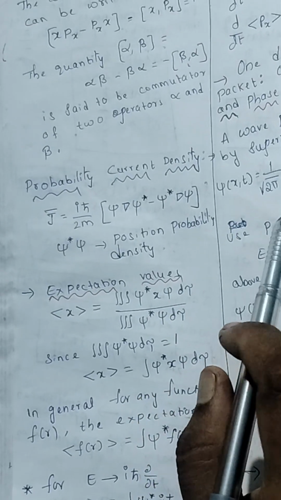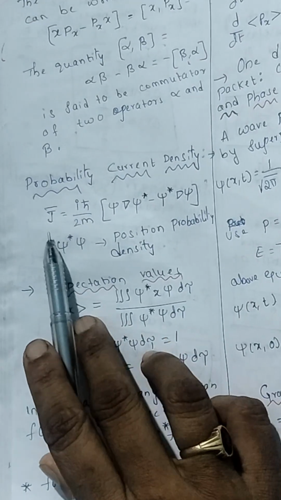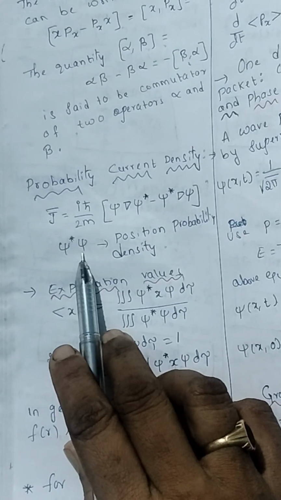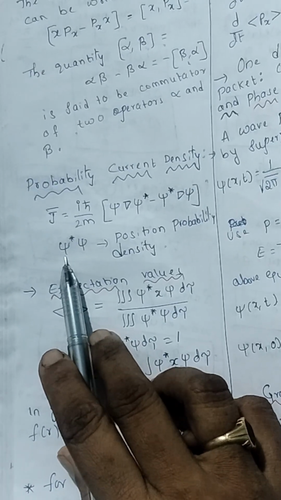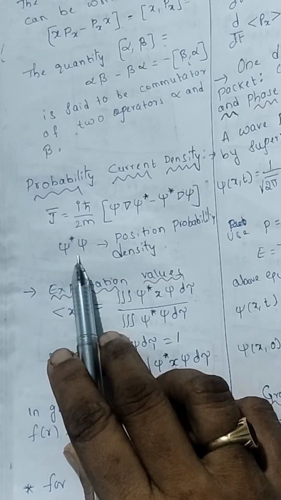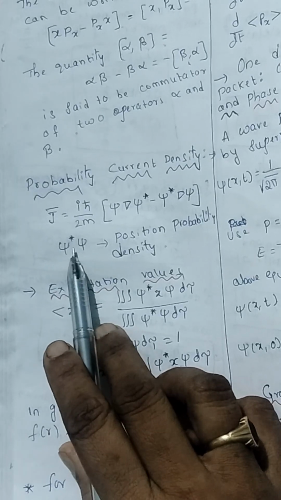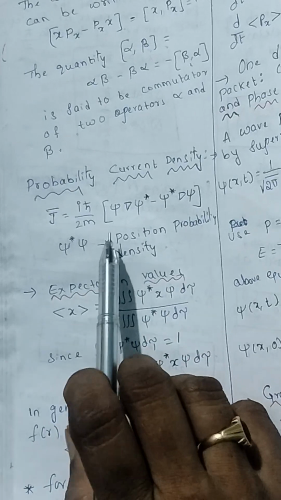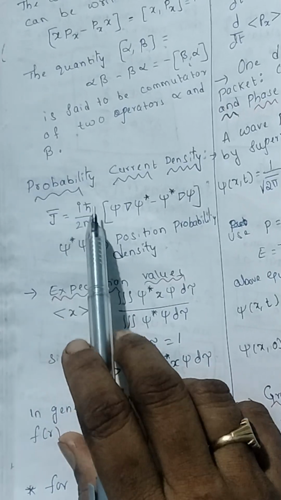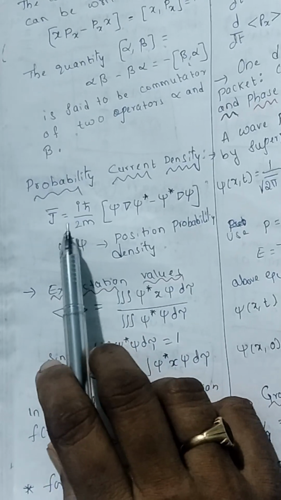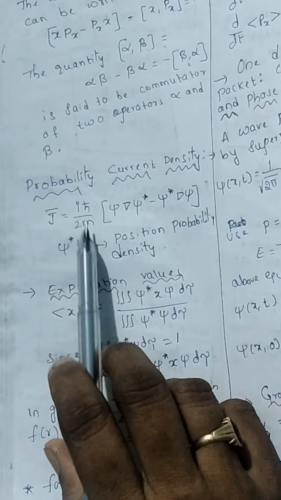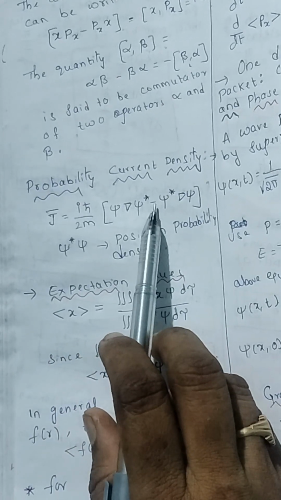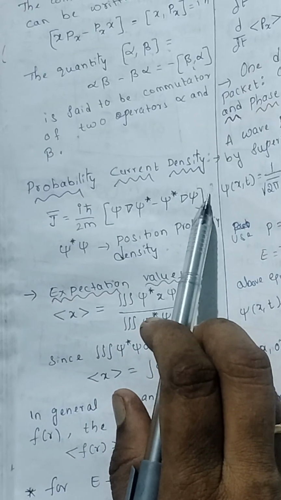Here psi is the wave function, psi star is the complex conjugate, and psi star psi we call the position probability density. The formula for probability current density, remember this, practice it: J equals iħ by 2m (psi grad psi star minus psi star grad psi).